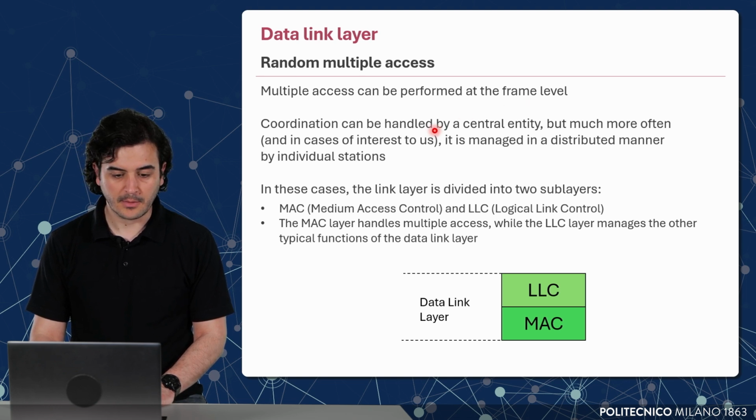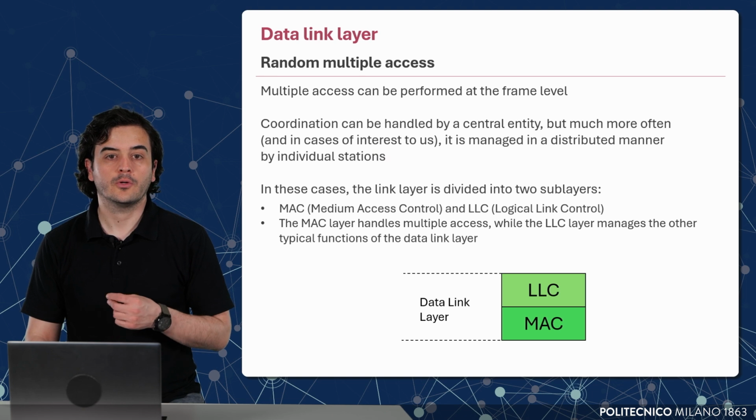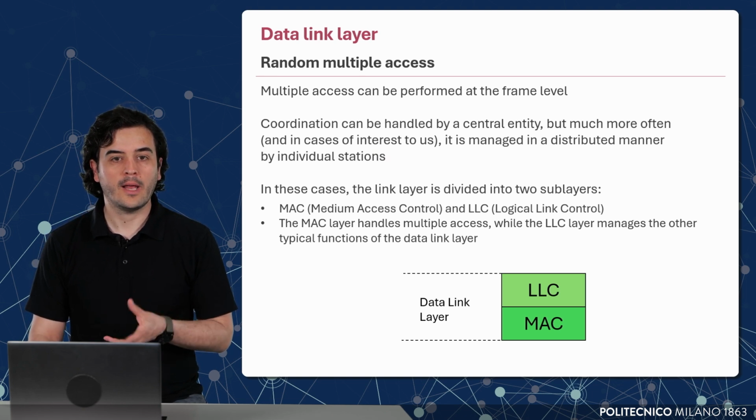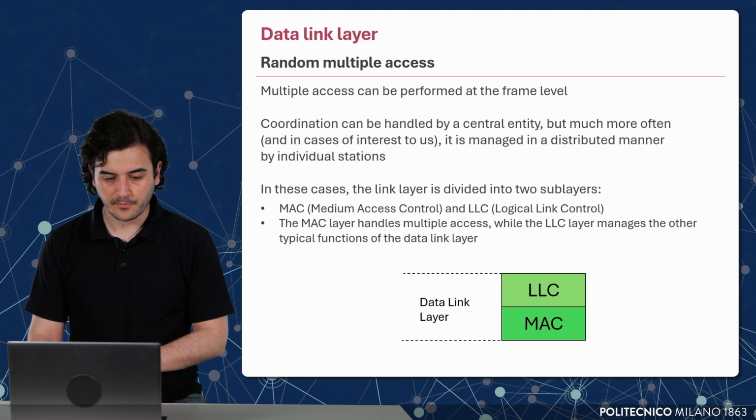And it might imply coordination which is handled by a central entity, but much more often is done in a distributed manner, meaning that the equipment which share the resources notify one another when they need to use the physical resources of the medium to transmit the data.